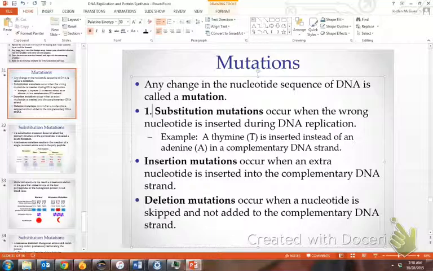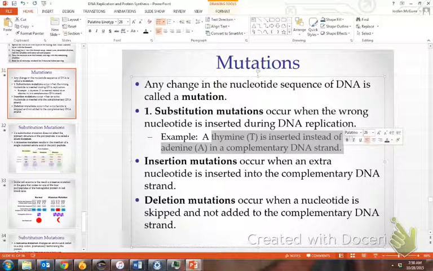This would be number 1 here, a substitution mutation. This occurs when the wrong nucleotide gets inserted during DNA replication. So you guys learned Chargaff's rule right here. You know, A always bonds with T and C always bonds with G. What if a thymine is inserted instead of an adenine in a complementary DNA strand?